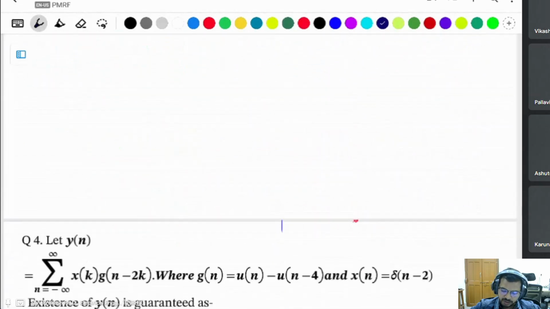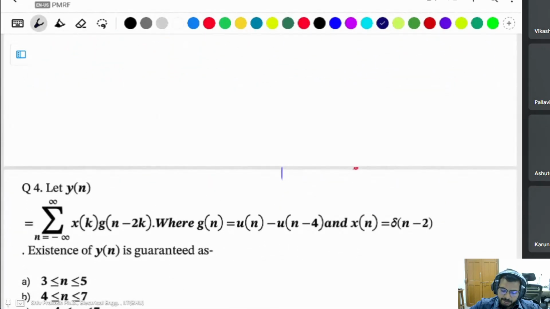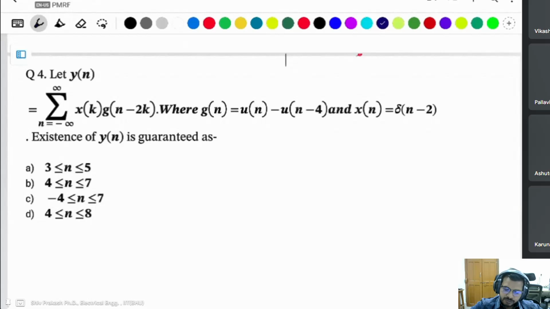Okay, fine. These are the questions related to the discrete signal. This will be the summation from minus infinity to infinity of x[k] g[n minus 2k], where g[n] is u[n] minus u[n minus 4] and x[n] is equal to delta[n minus 2].